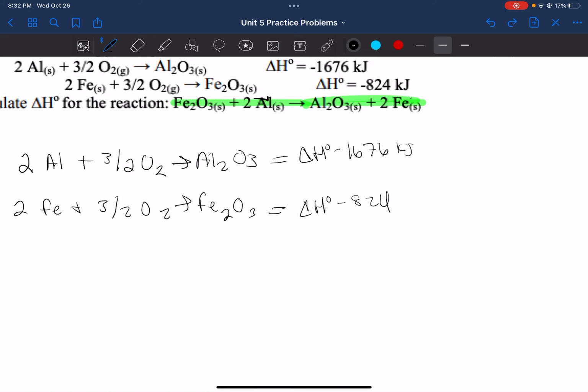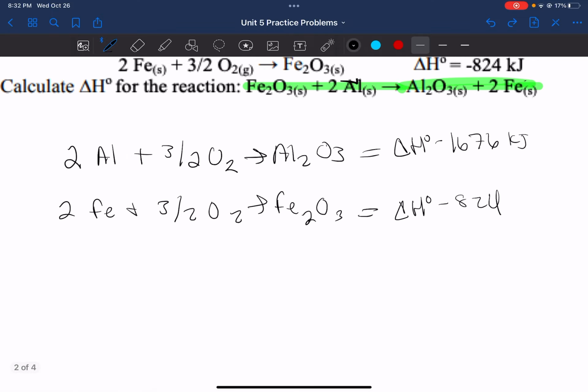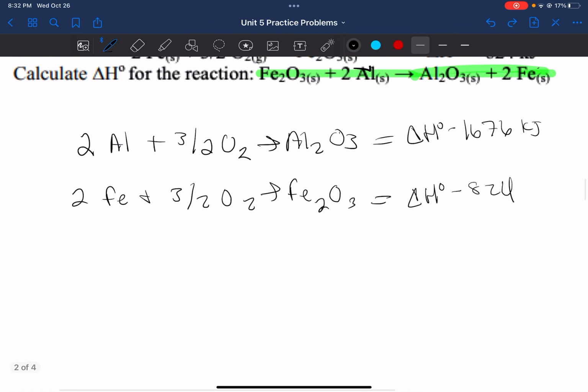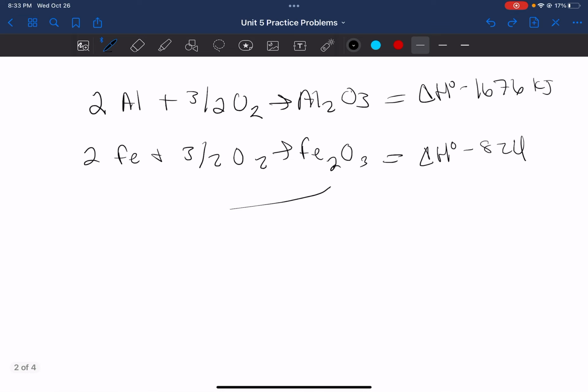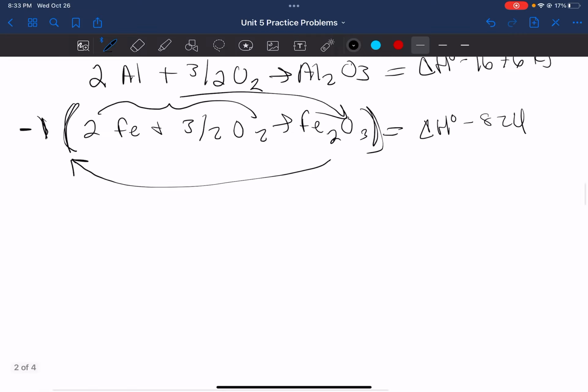So starting off already, we have Fe2O3, and right now Fe2O3 is on the left side, reactant, but on this one it's on the product side. So we need to swap this, put it over here, but in doing so, we would swap these two and put it here. So how we do that is we multiply this whole thing by -1. It changes the order that it would go in.